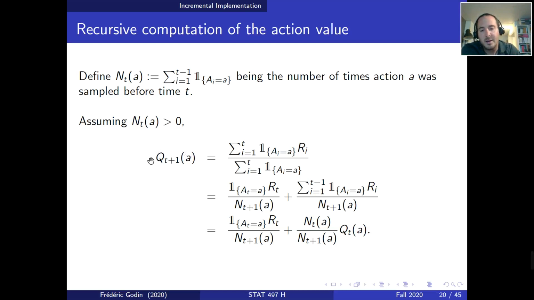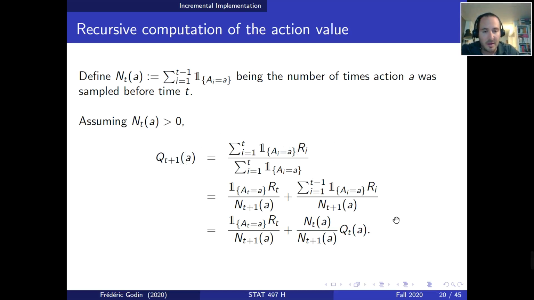So here Q_{t+1}(a) is simply applying the definition of Q_{t+1}(a). It's the sum of all rewards until play t where action a was taken, and the denominator here is simply the number of times action a was taken up until time t. So this is going from here to here. It's just the definition of Q.